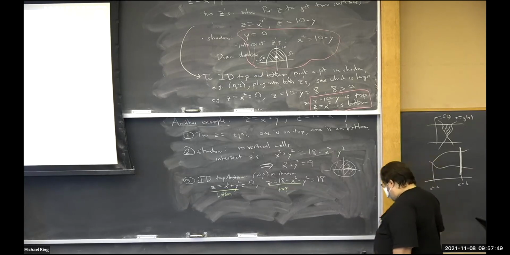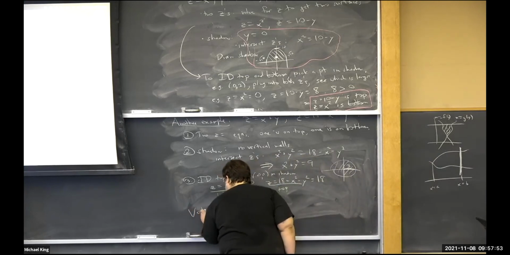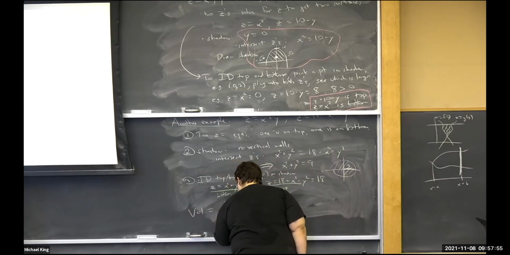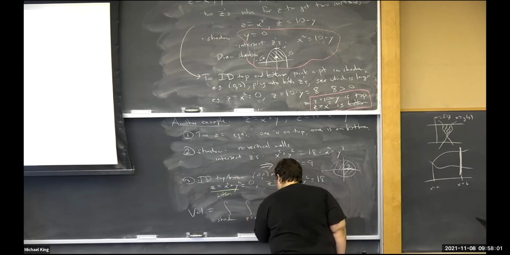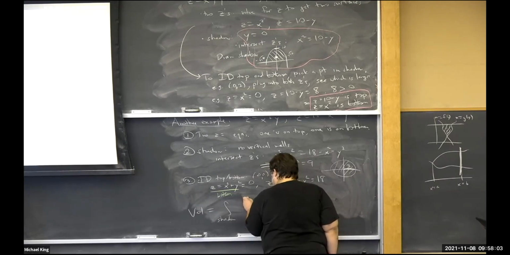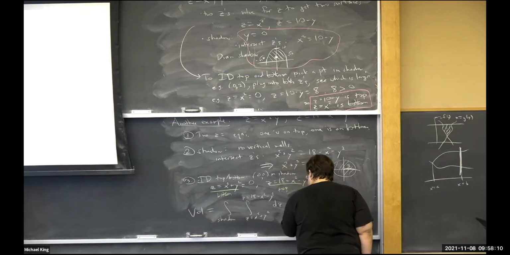And so the volume is, well, we can start and say it's the integral over the shadow, the integral from the bottom to the top, dz dA.